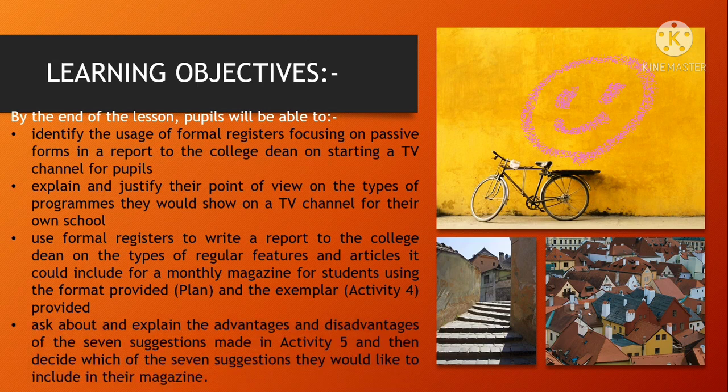And finally, you will be able to ask about and explain the advantages and disadvantages of the 7 suggestions made in activity 5 and then decide which of the 7 suggestions you would like to include in your magazine.